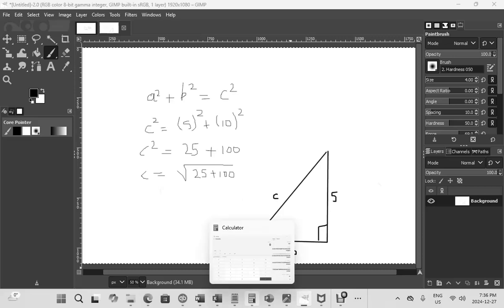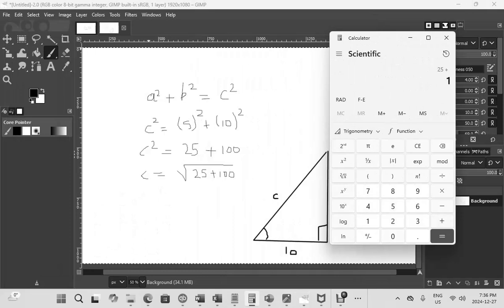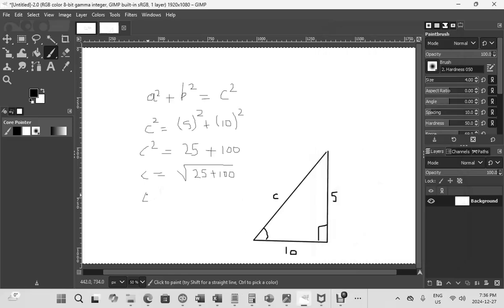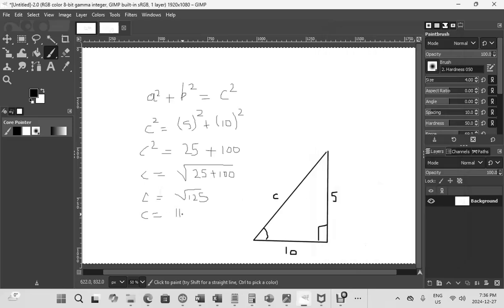Adding 25 to 100 gives 125, so C equals root of 125, which is 11.18. So this is basically your C.